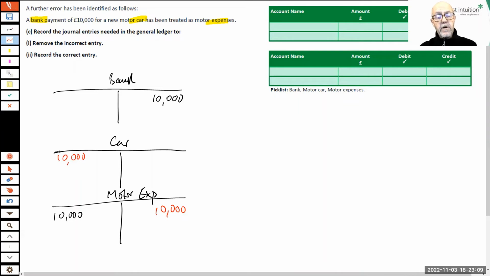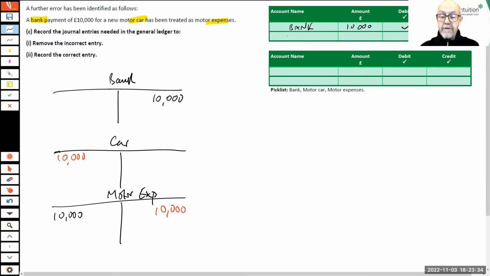Notice in this case we are asked for the entirety of the journal to remove the whole of the incorrect entry. So what we're actually going to do in this case is put the money back in the bank. And this is good practice because it does mean that everything is nicely in a pair.